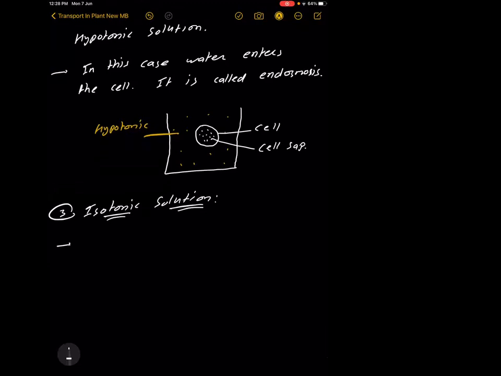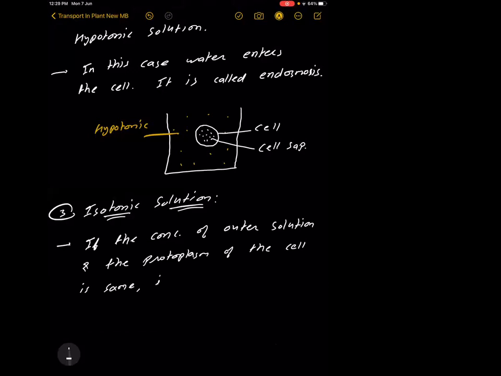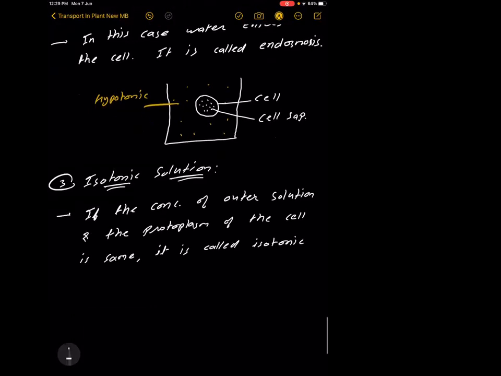Isotonic. If the concentration of the outer solution and the protoplasm of the cell is similar, if it is the same, it is called isotonic solution.